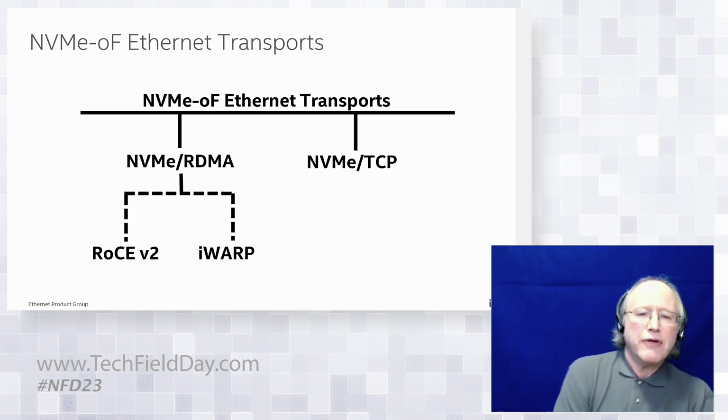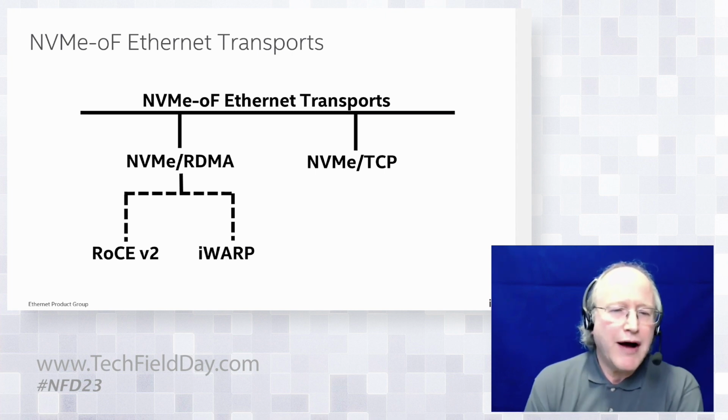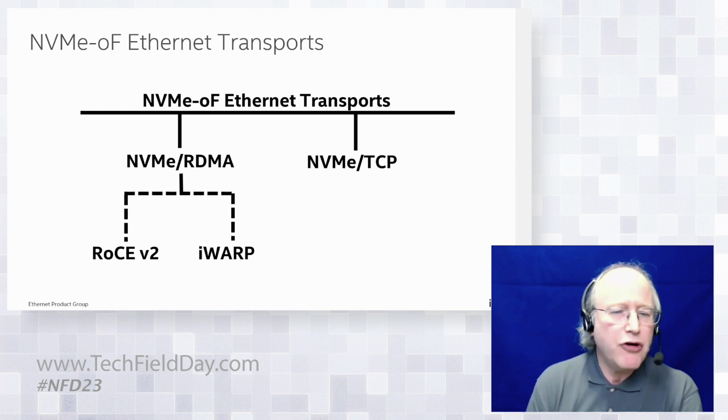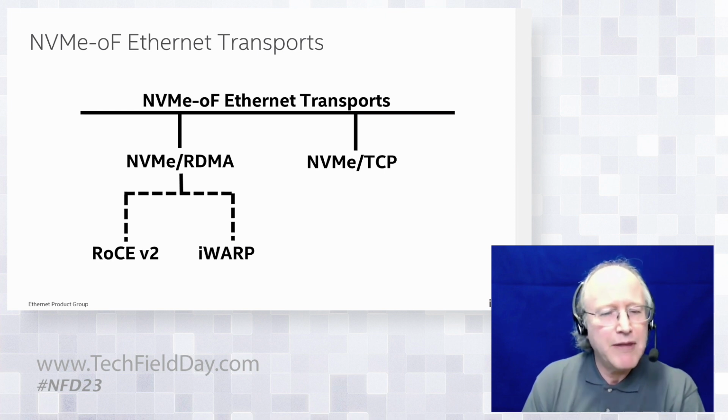Okay, so for the Ethernet transports that are defined within NVMe Fabric, there are really two that primarily map to Ethernet, and one is the RDMA transport. As I mentioned before, the definition of that transport is agnostic to the type of RDMA it is.